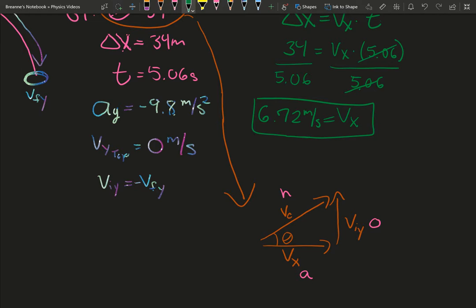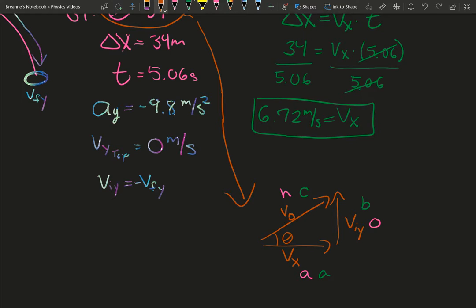Another way of looking at it, this is your c, and we can make this A and this B for your Pythagorean theorem. So each one of these sides has like 3 labels.